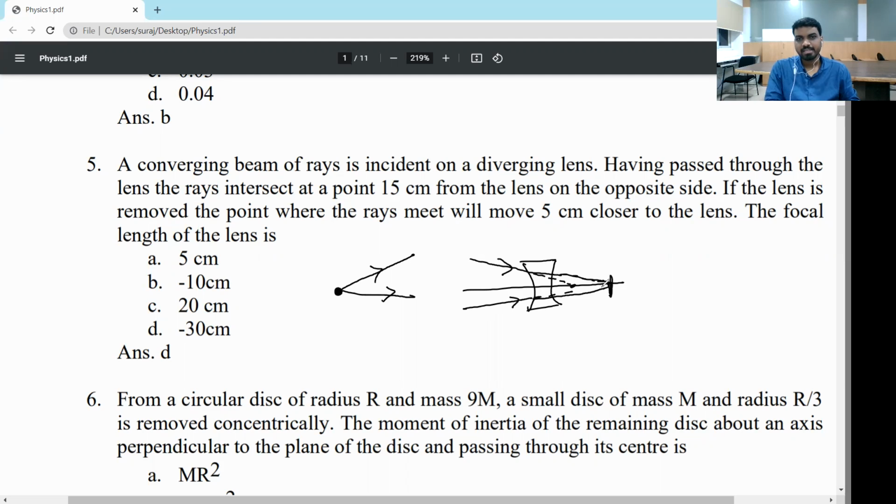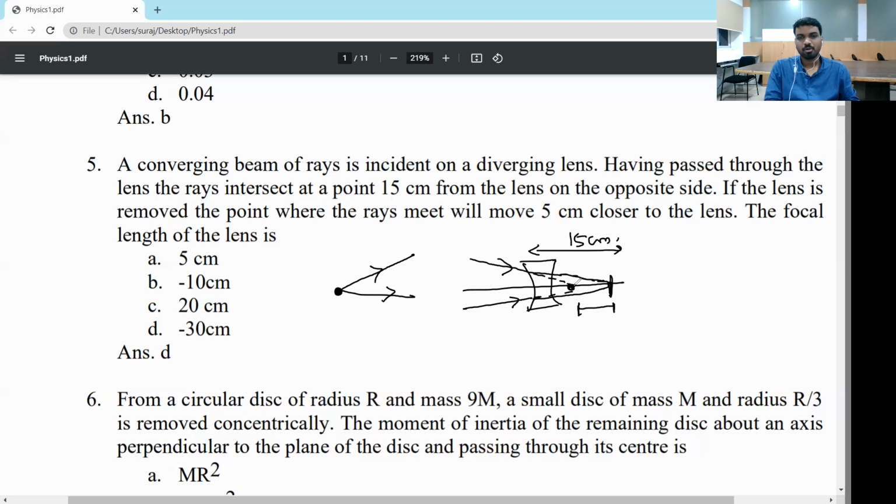With the lens, it is forming at a distance of how much? 15 centimeter is given. Without the lens, it is forming 5 centimeter closer. That means without the lens, the rays will intersect at this point.